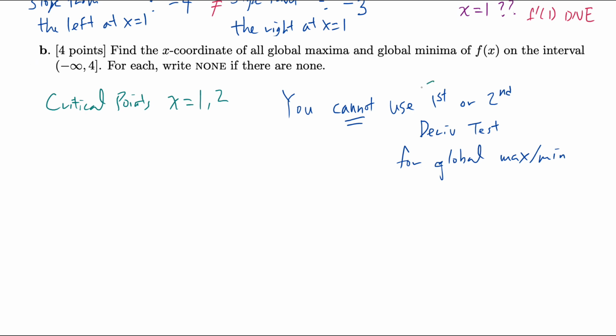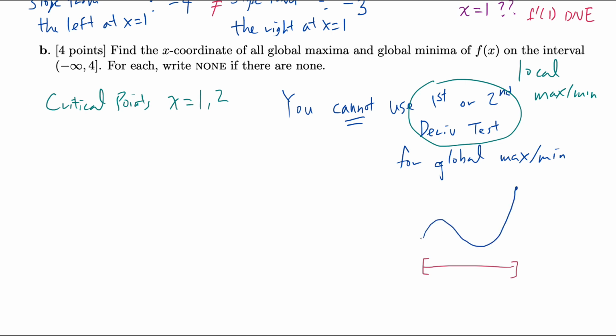So first or second derivative test, just so you remember, is for local max and min. And this is a very different concept than global max and min. For example, if I'm trying to find the function's global maximum on, say, this interval, and you have a function that goes like this, then this point is certainly a local maximum. Because when I really zoom in and only look at points very close to it, so when I look locally, that's what I mean, you see that this is the largest function value.